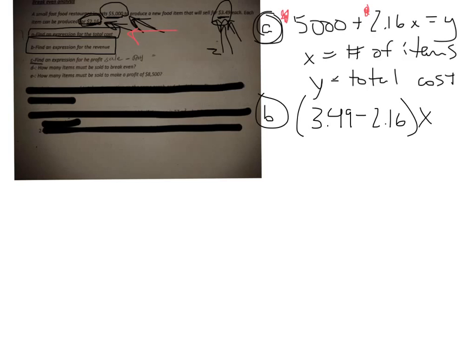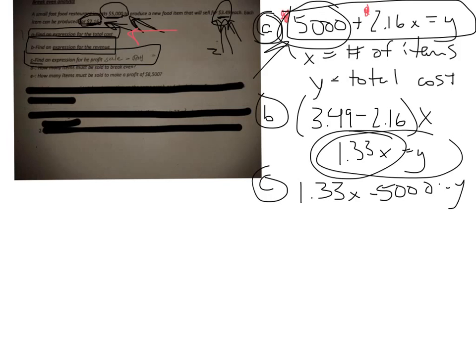You multiply it times x, and then you can simplify that, and that'd be $1.33 per item. Now, this would be your total expression for your revenue, like that's what you're making all the time. But then again, you've got this $5,000 right here. So you might need to subtract that $5,000 from it. I would put that in right here, but on C, I think that's what we're going to do.